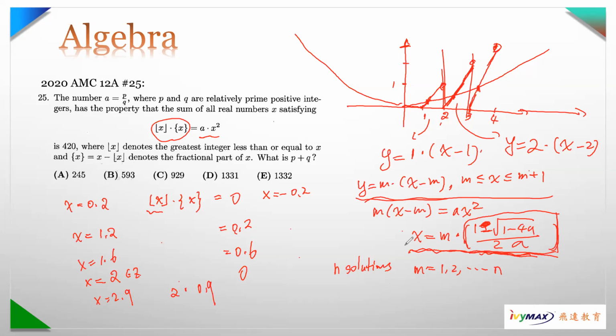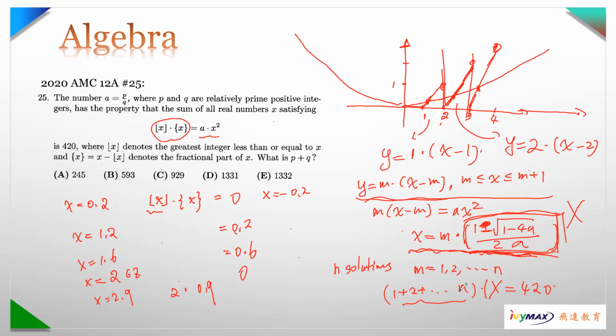So when you do this summation, that gives you 1 plus 2 plus all the way to n times this big parenthesis. Let's call this a big X, right? And that should equal 420. And we know this part, I ran out of space here.